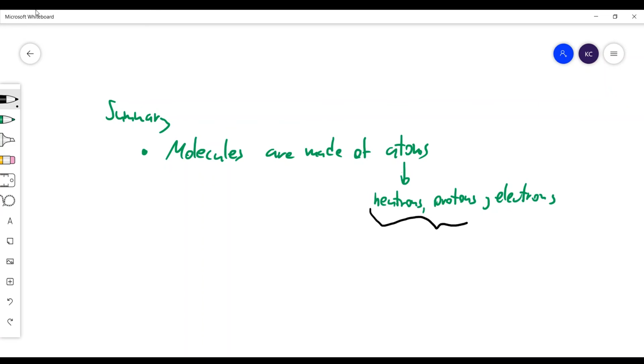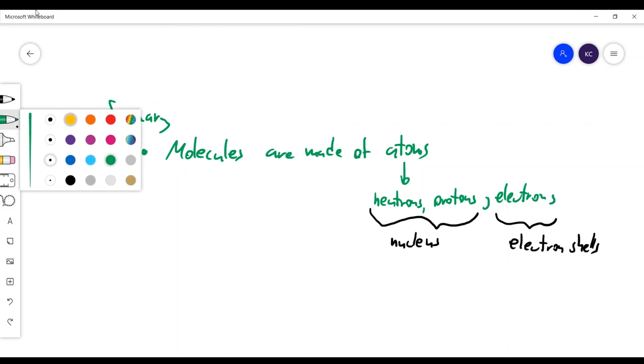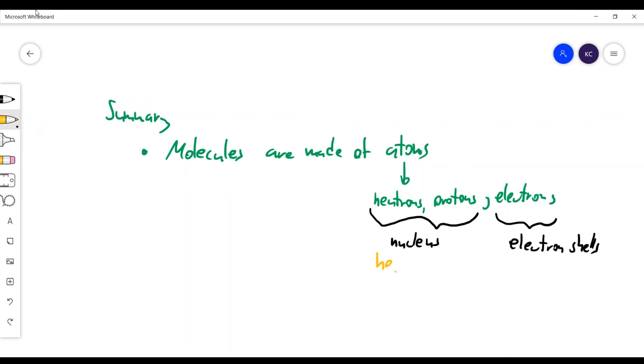Protons and neutrons are in the nucleus, while electrons are in electron shells. The nucleus is the heaviest part of the atom, and the electron shells and the electrons do not contribute much to the mass of the atom.